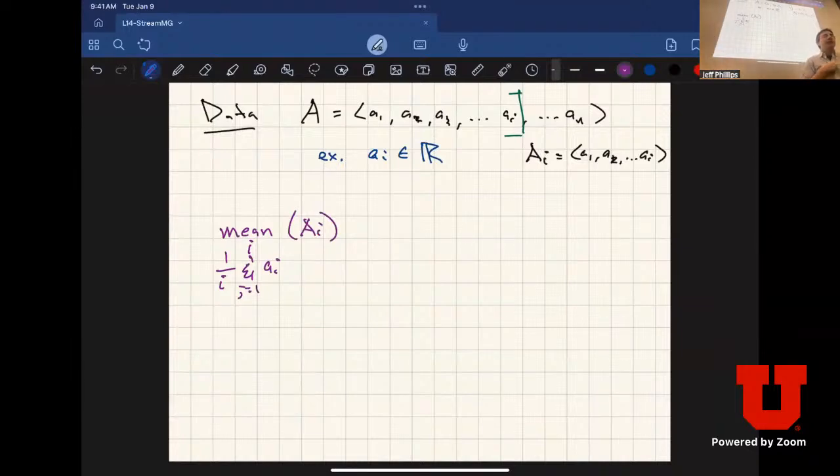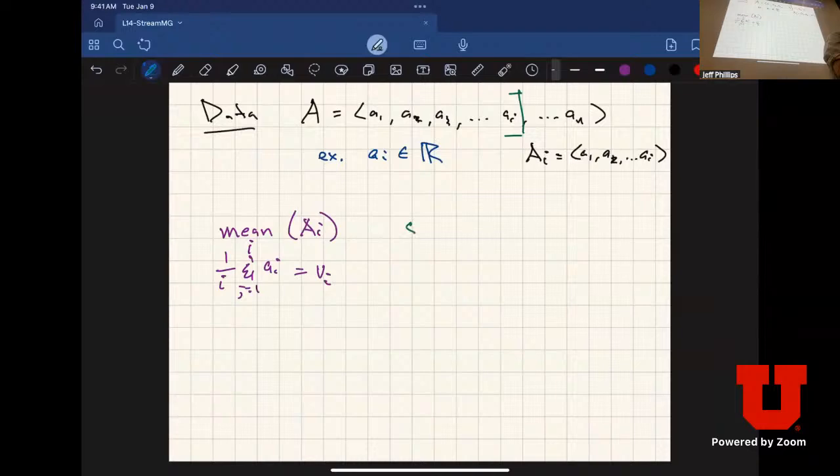So if I have stored the mean, let's say I've stored this in a value vi, which is the mean at point i, and I get another data point, how do I update the mean? Let me say this again.